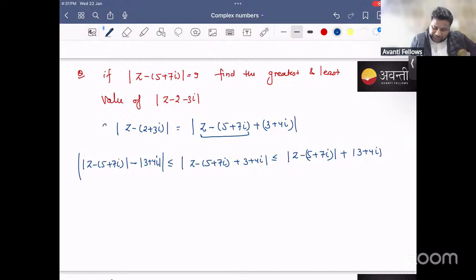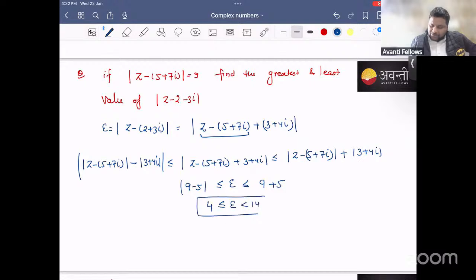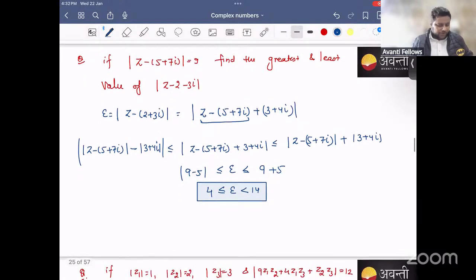So say this is expression E. So that means E is less than or equal to, this is 9 and this is 5. All right. And this E is more than or equal to, this is 9 minus 5 mod. So this E lies between 4 to 14. This is your answer. Got it?